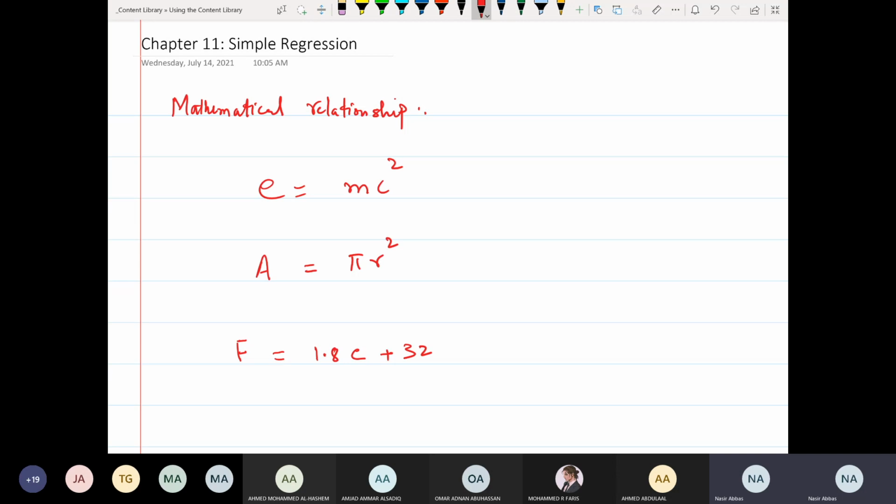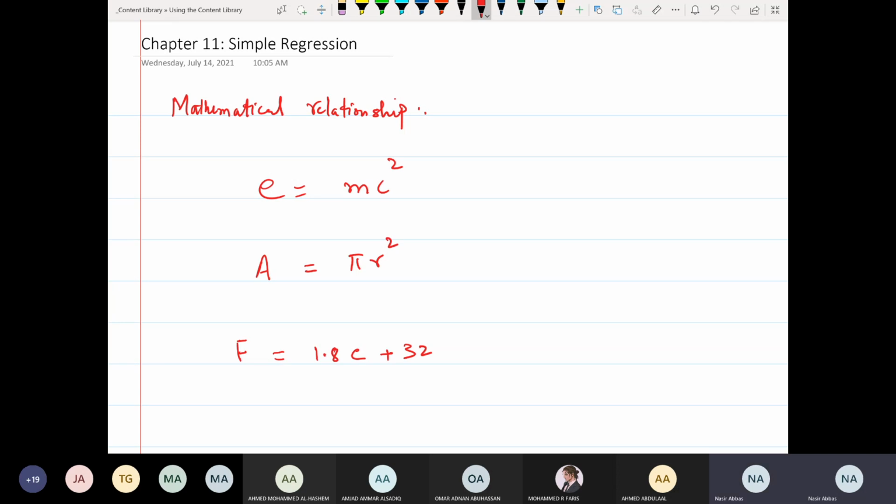If I give you M and C, you can give me the exact value of E. If I give you the right side, you can give me the exact value of the left side. This property makes them mathematical relationships. Mathematical relationships are always exact.